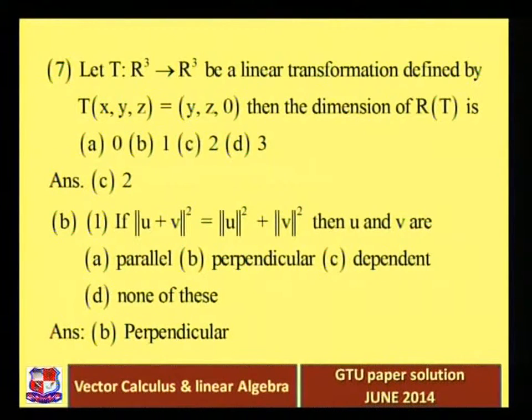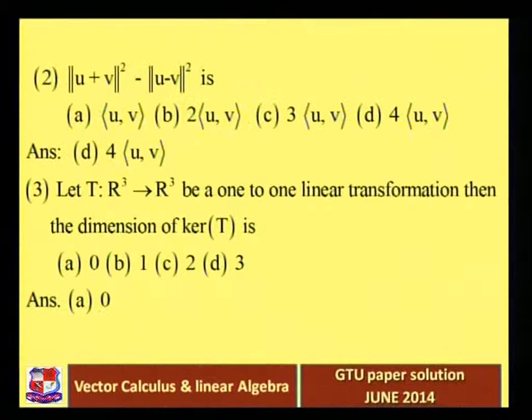That means inner product uv is equal to 0. And that thing happens only when u and v both are orthogonal. That means that two are perpendicular, right? Orthogonal means that two vectors are perpendicular to each other. So that's why the correct answer is, if norm u plus v whole square is equal to norm u square plus norm v square, then u and v both are perpendicular to each other.